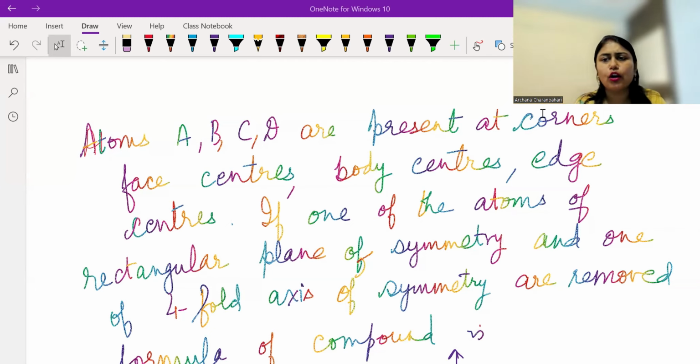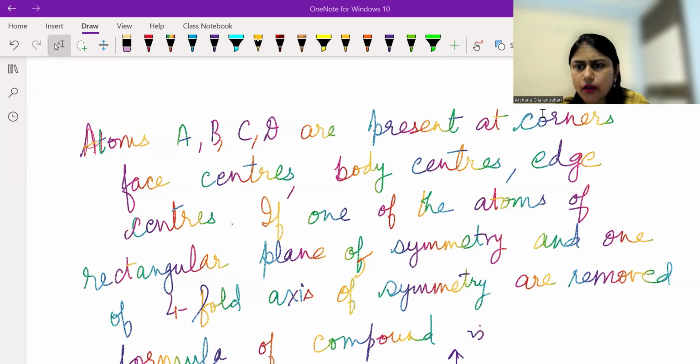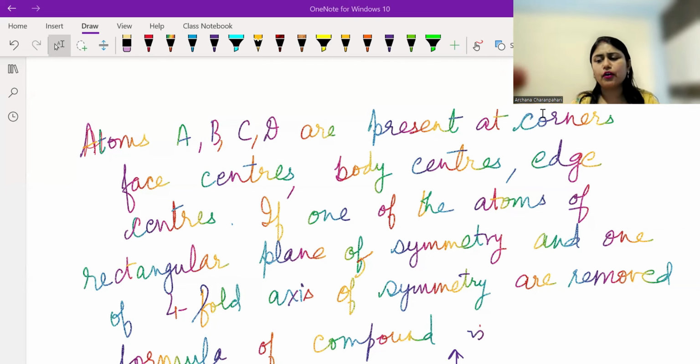But we will draw all of this in the form of a 2D image and try to solve this problem.